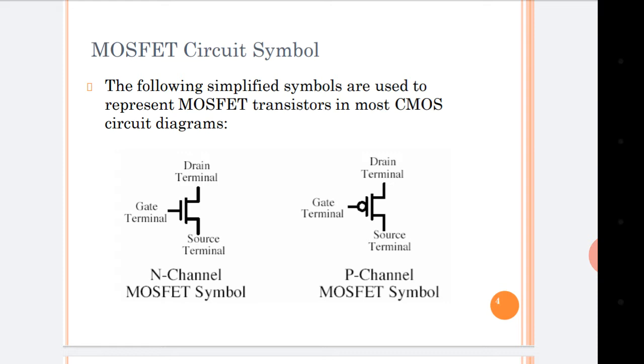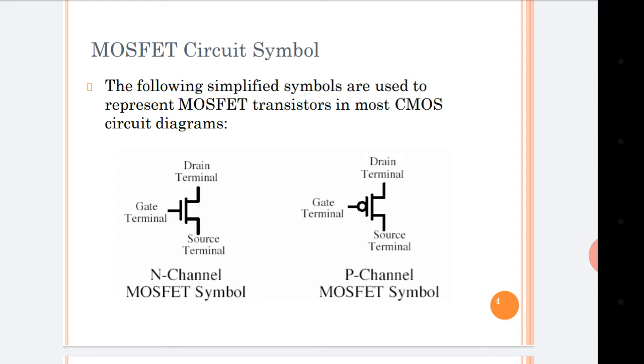MOSFET circuit symbol. The following diagram gives the description of the N-channel MOSFET and the P-channel MOSFET. As we are aware, MOSFET has three terminals: drain, source and gate.